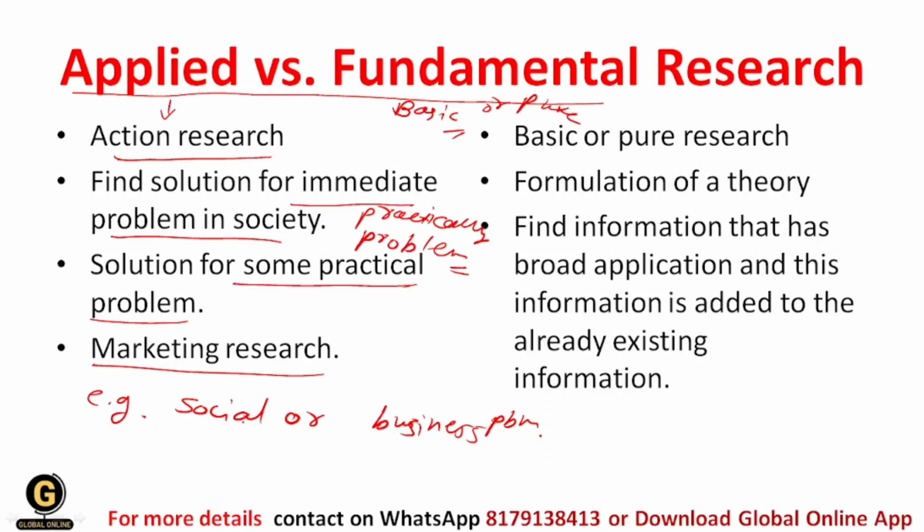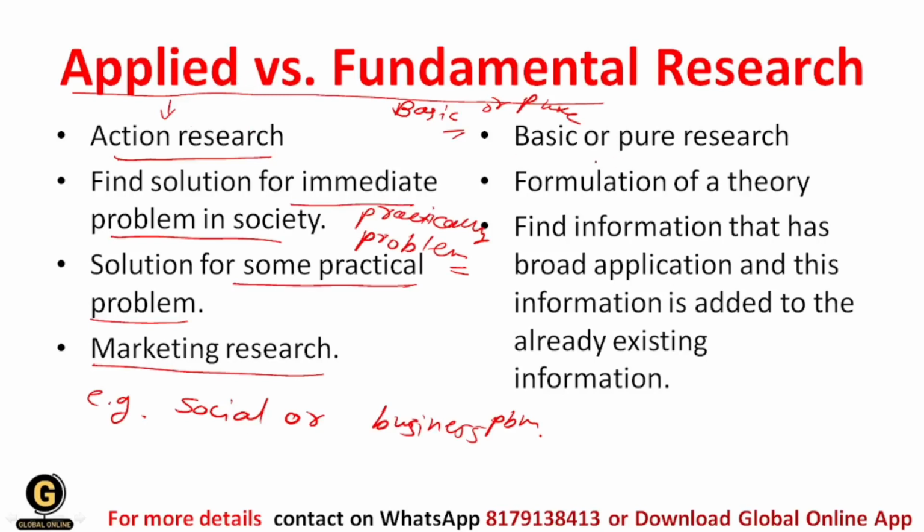Whenever we want to identify social, economic or political trends that may affect a particular institution, or for marketing research or evaluation research, then we use applied research. Because of that, we identify the causes created by social, economic or political trends in the country. So this is about applied research.